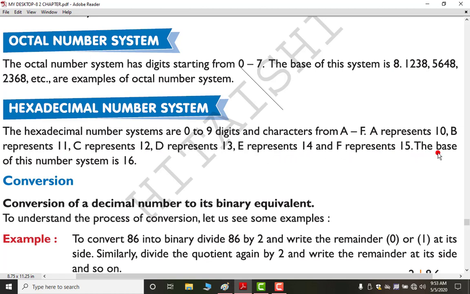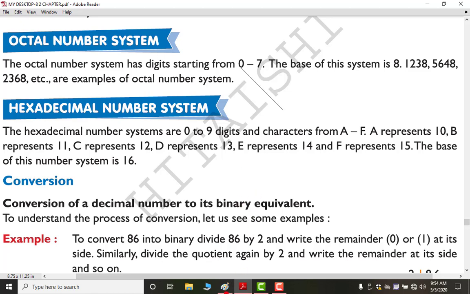Like this, up to 15 we have. A total of 16 symbols are there and the base of this number system is 16. Okay, this is the way by which you can identify the numbers.